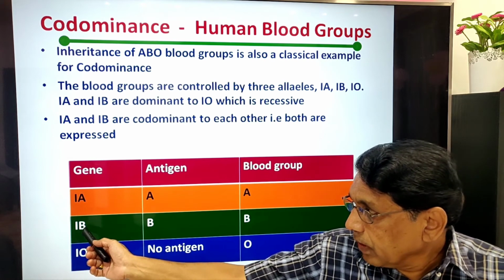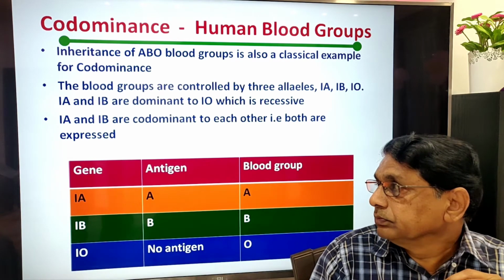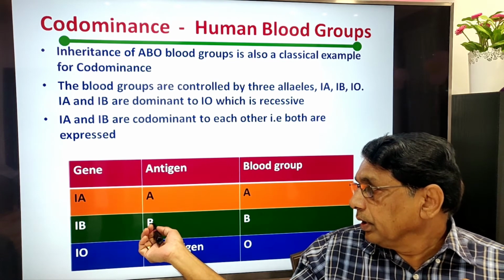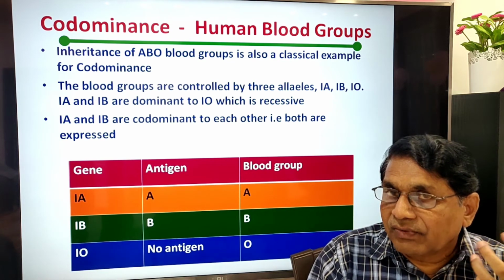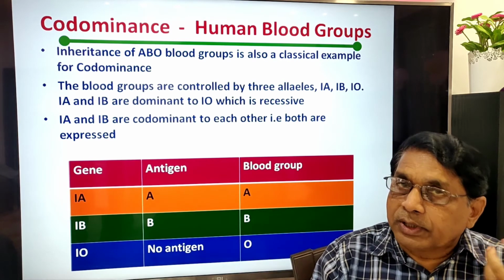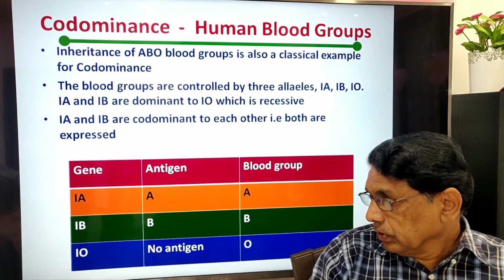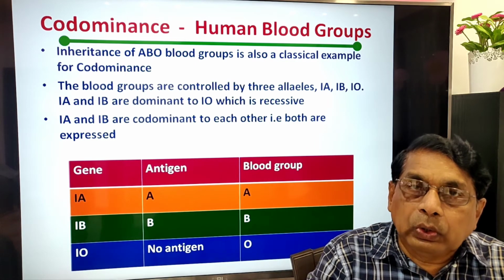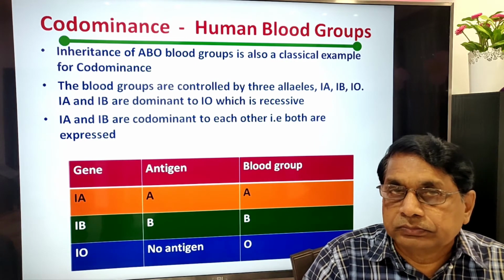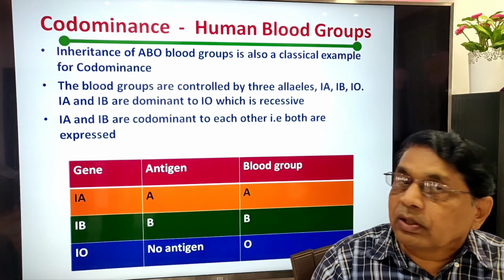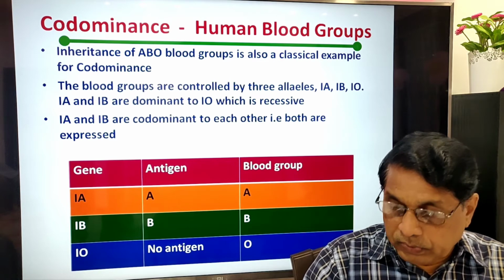Some people will have the B gene, B antigen on the surface of their RBC, B blood group people. Some people have O, no antigen, then they are O blood group.